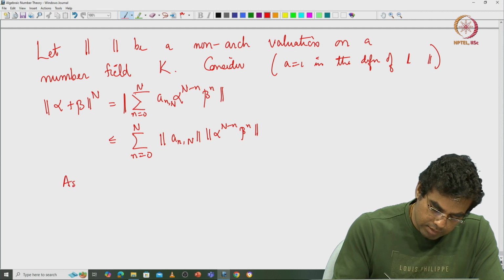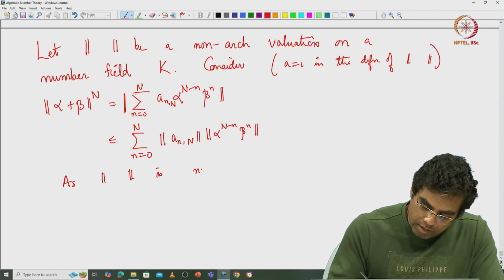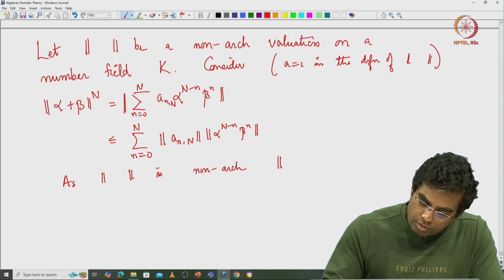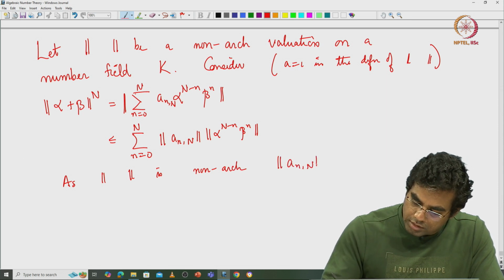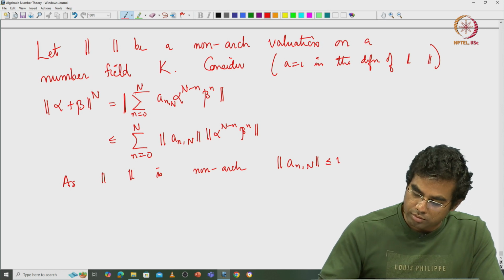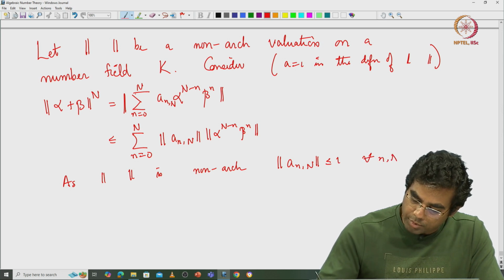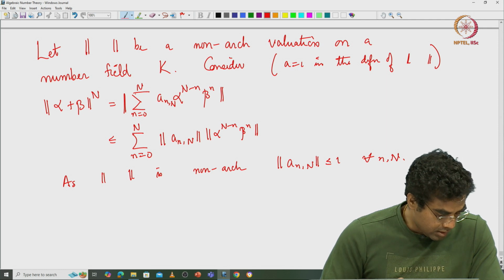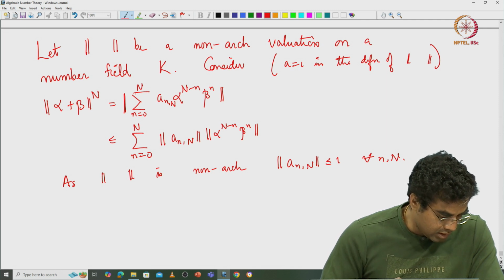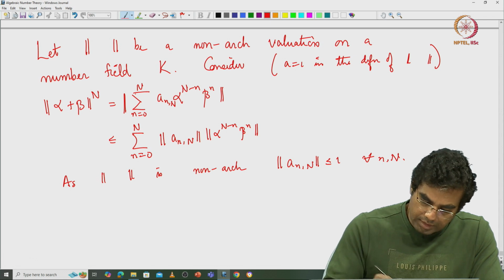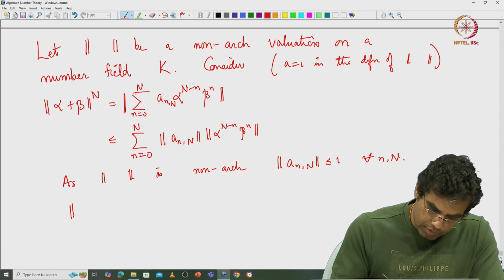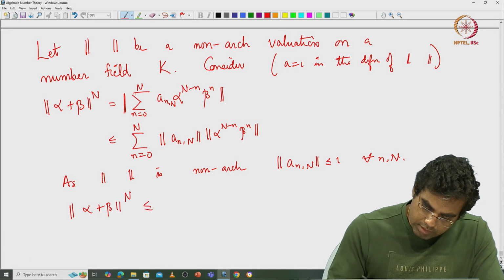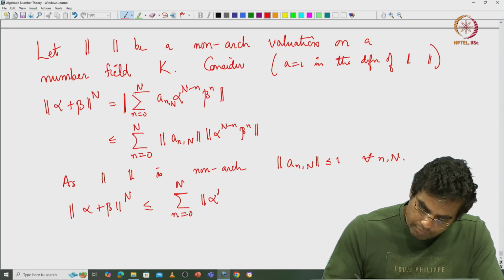Now, as this valuation is non-Archimedean, I know that valuation of these integers is less than or equal to 1 for all n and capital N. What this means is that, I will rewrite the whole thing taking into consideration this inequality. This is less than or equal to the summation n going from 0 to N of valuation of alpha to the n minus n, beta to the n.